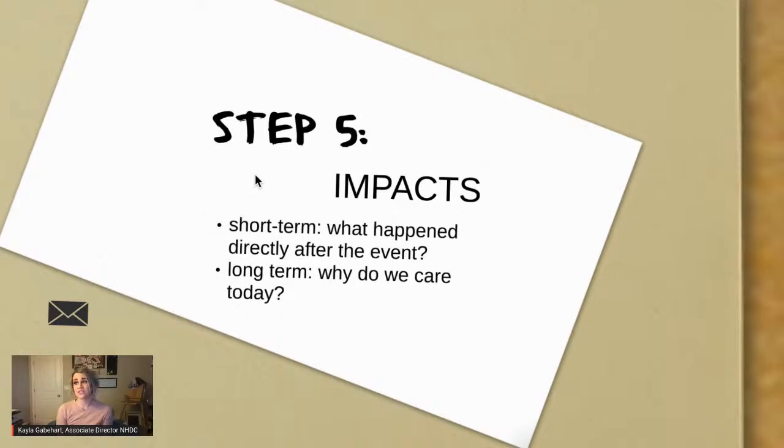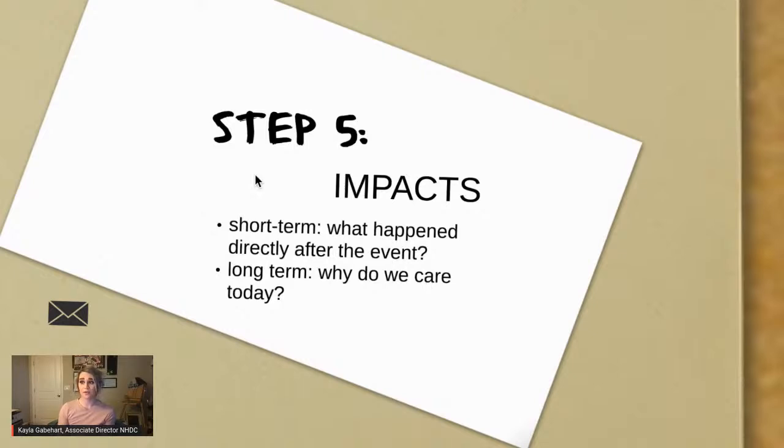And what we're addressing here in step 5 is 2 types of impacts. So the short-term impact, which is what happened directly after the event. Let's use the example of the Treaty of Versailles. Directly after the Treaty of Versailles, Germany had to start paying reparations, and that really had economic consequences in their country. So that's the short-term impact. That happened pretty soon after the event, 5 to 8 years.